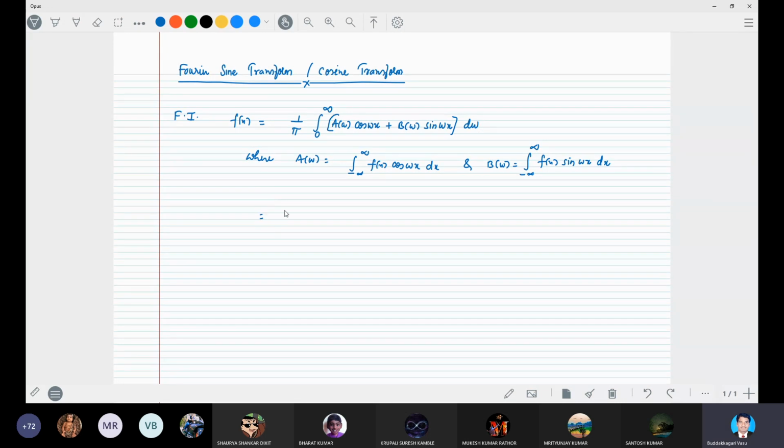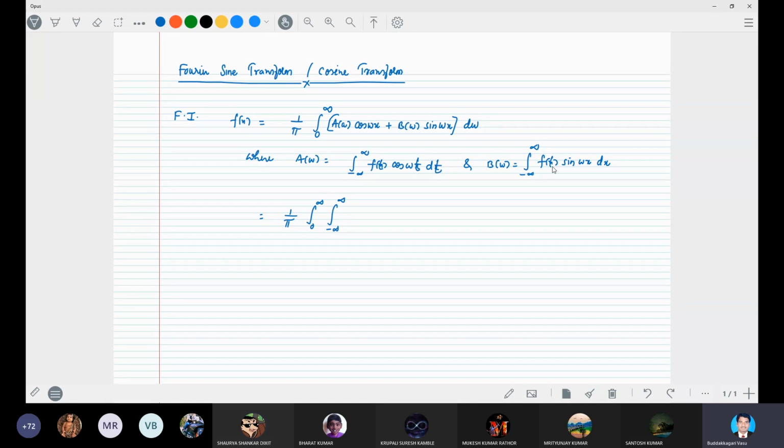If we combine them, it will be 1 by pi integral 0 to infinity, integral minus infinity to infinity of f(t), okay f(t) or f(x), whatever, f(t), cos(omega (t minus x)). For our convenience, just to distinguish the variable, it should be t.